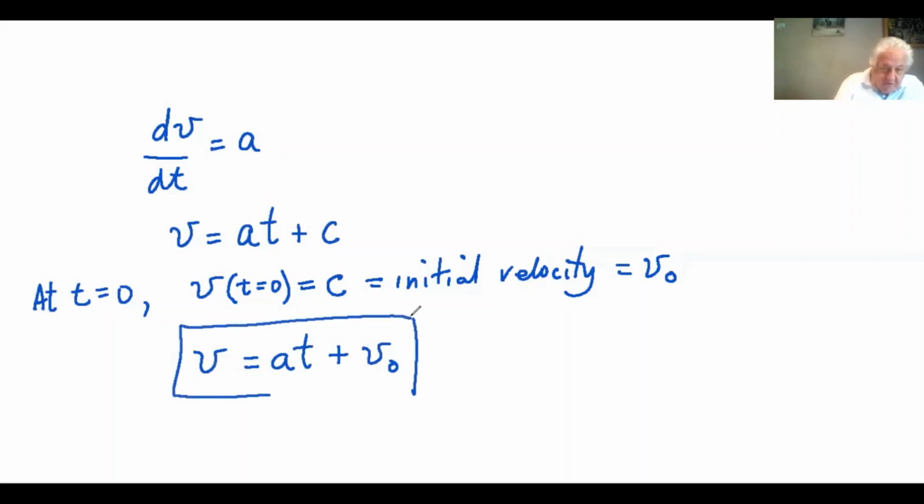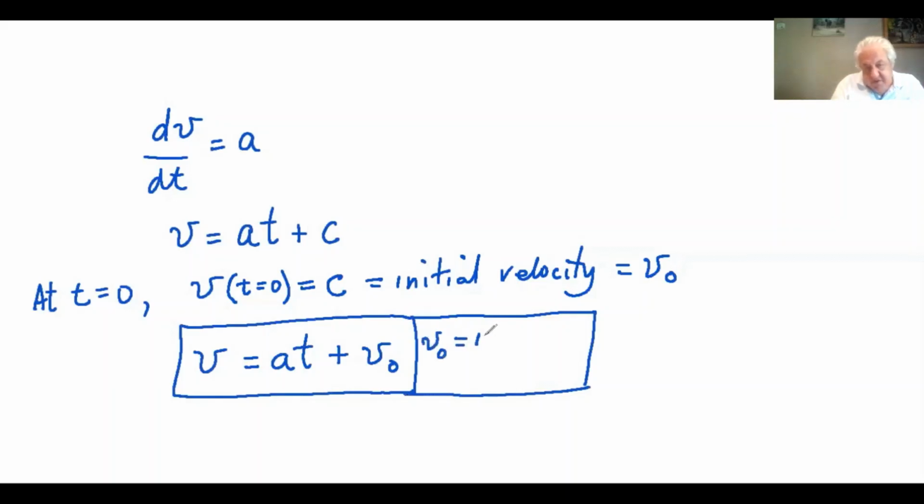If you haven't done calculus yet, just remember the formula and come back to it when you eventually do calculus. But if you know calculus, then it's a very easy formula to derive. v0 equals initial velocity. So I'm going to need this formula, so let me write it at the top.